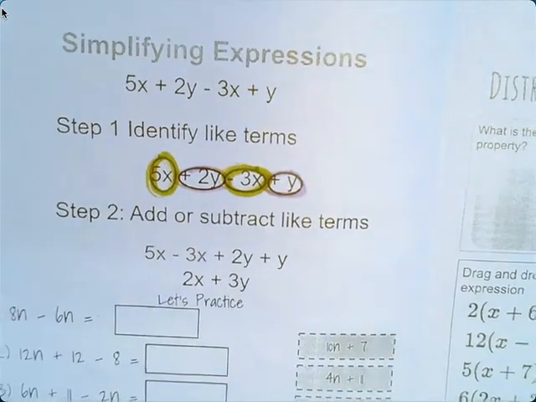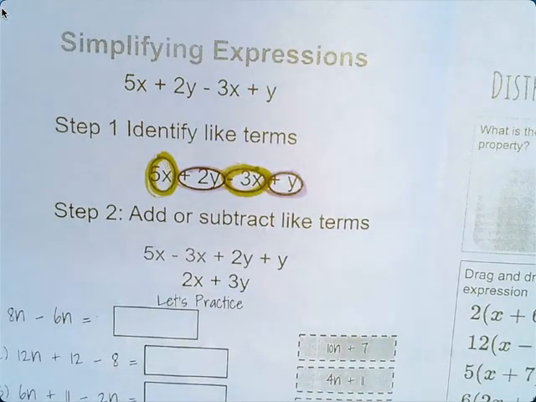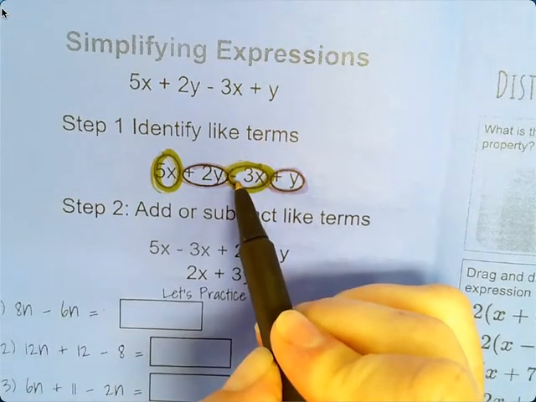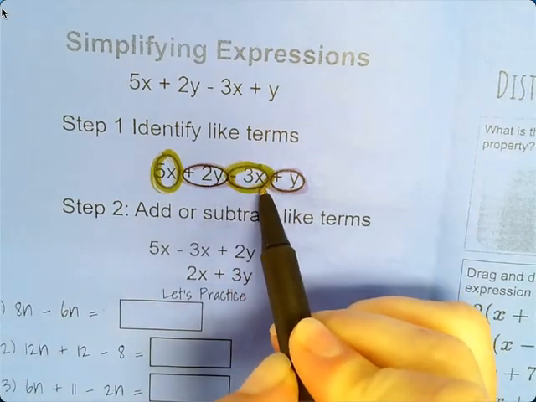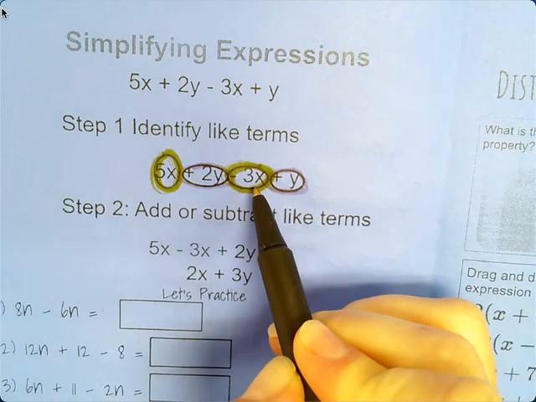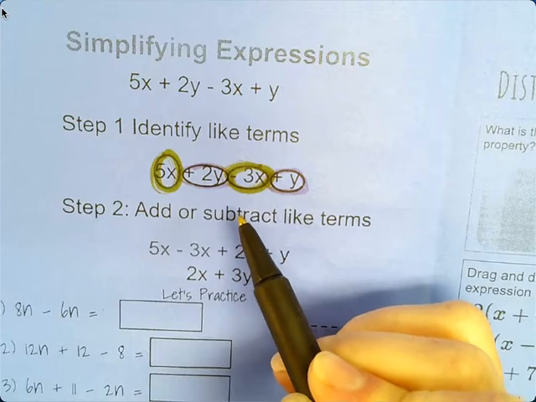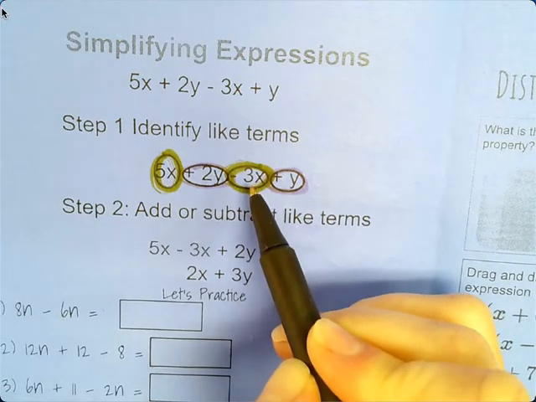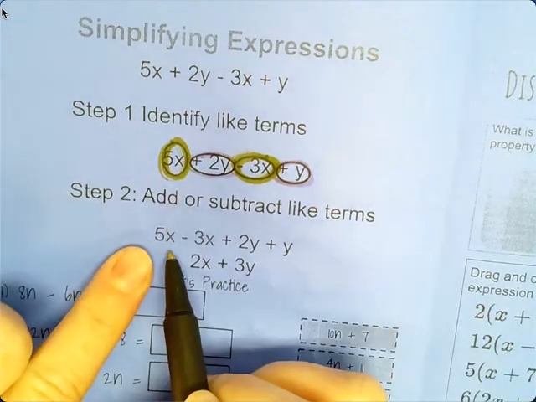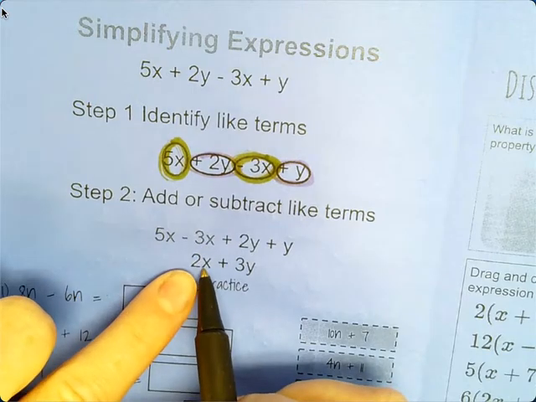You always take the sign that's out front of it with it. So even though it says 2y minus 3x, we can also think of it as a negative 3x. So you just need to carry the sign with it. If you just add it, that would be wrong. So this is 5x minus 3x, giving us 2x.